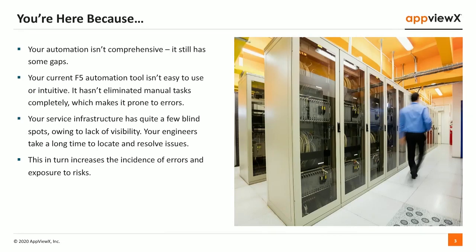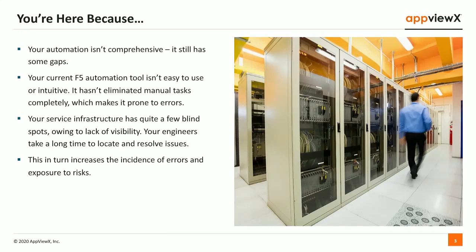You're not able to do an end-to-end automation, and there is still some level of manual tasks involved. And the current automation tool needs some sort of developer or coding or Python experience to set up or even use. It hasn't eliminated all your manual tasks.